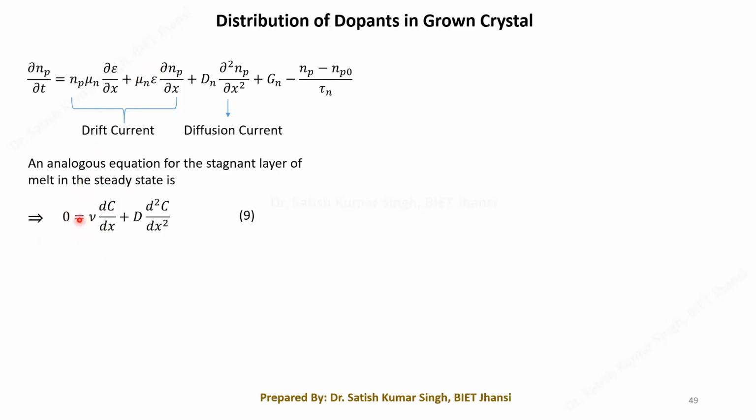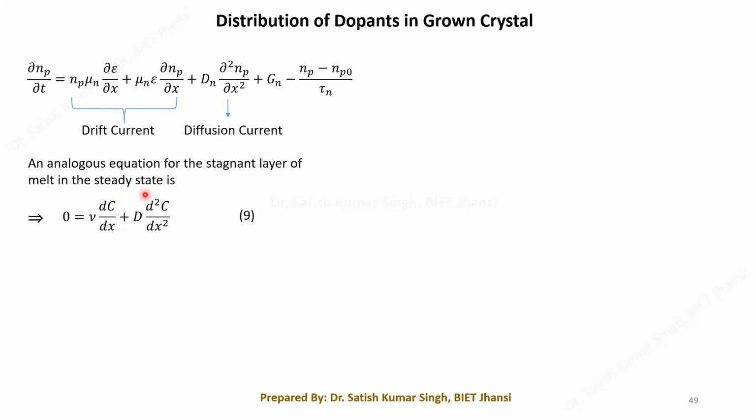So what we know is that due to the conservation of mass, or the conservation of the dopants, there will be no net increase or net decrease at the steady state. When we have already reached a particular steady state, the rate of change of the dopant concentration will be zero.